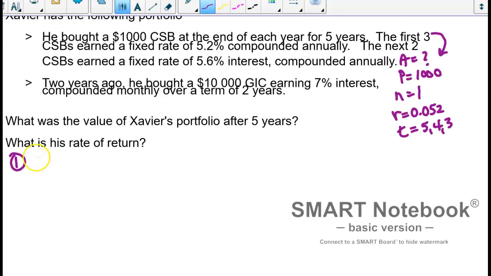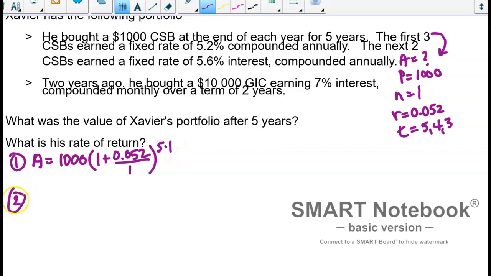Okay, so the first calculation has a present value of 1,000. You can open up your book and look at the formula for compound interest if you'd like. 1 plus the rate that was given in the question, and compounded annually, so we divide by 1. And this first one that he bought was 5 years ago, so it's going to last 5 years times the 1.